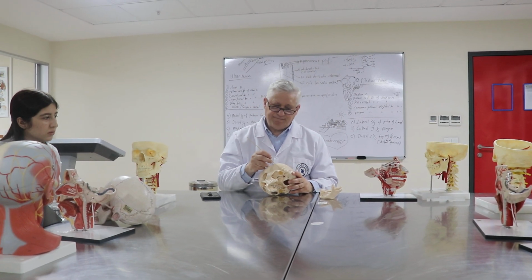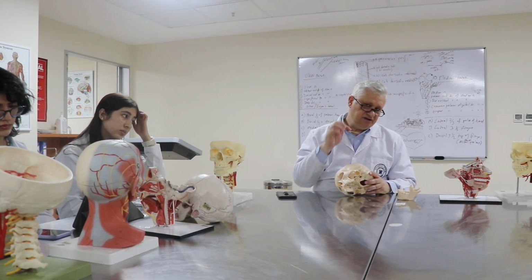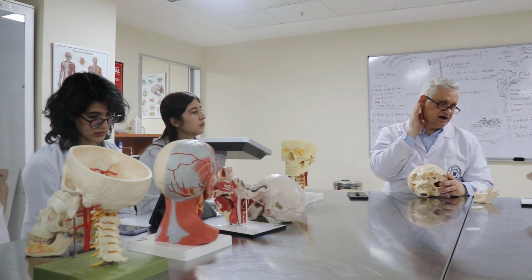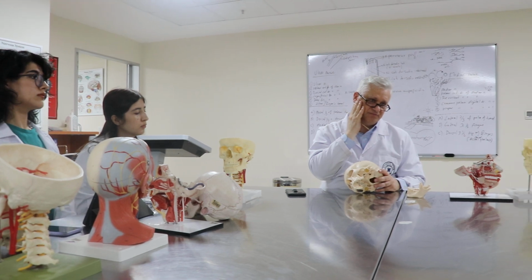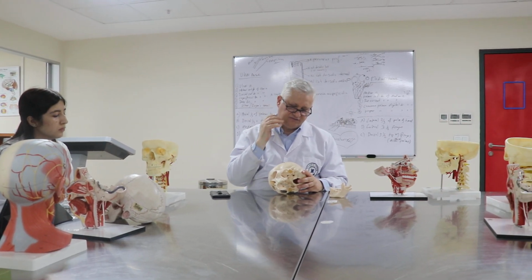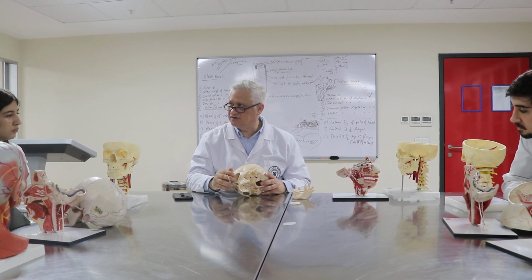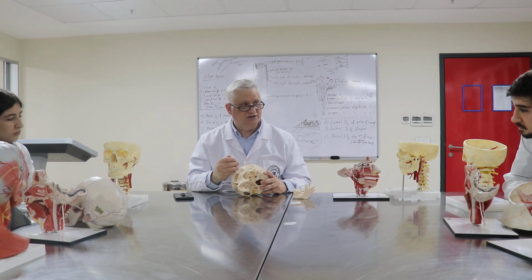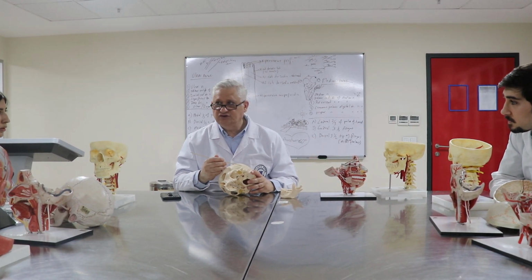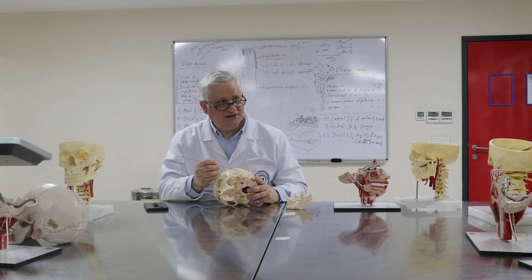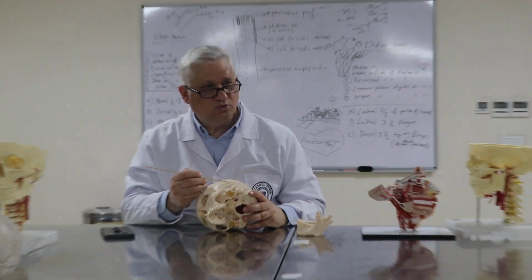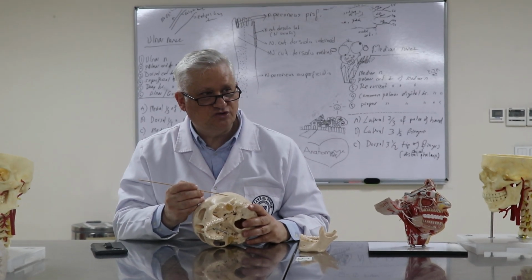And then we have behind the ear, this area here, the area of the mastoid process, and the posterior part of the temporal fossa. What's the name of the nerve?